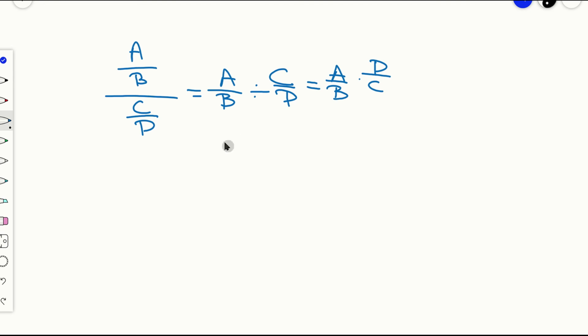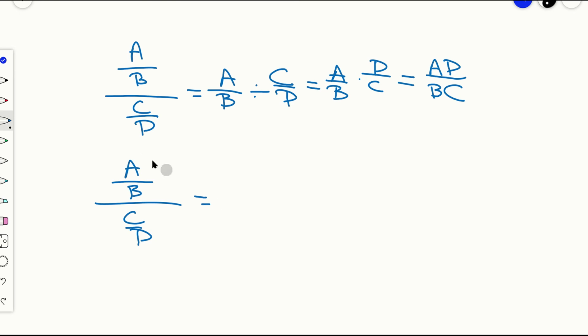Let me go ahead one more step, that's AD over BC. So we notice that when we have one fraction divided by another fraction, that's going to be this outer product, AD, over this inner product, BC. Extremely useful and handy shortcut to know.